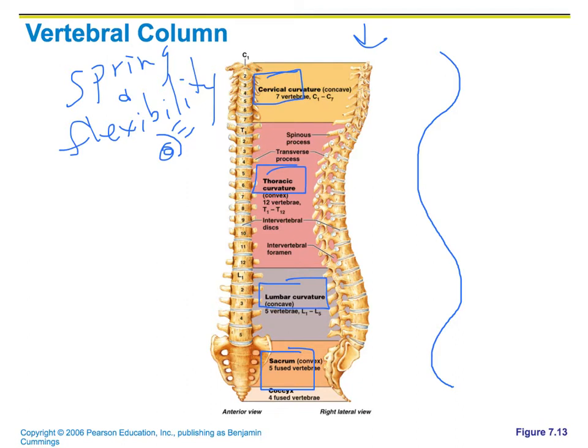The cervical curvature develops after a baby picks up its head, thus is a secondary curvature. The thoracic curvature you are born with, thus is a primary curvature. The lumbar curvature develops after one sits up and stands and walks and puts weight on the back, thus is a secondary curvature, and the sacral curvature you are born with.